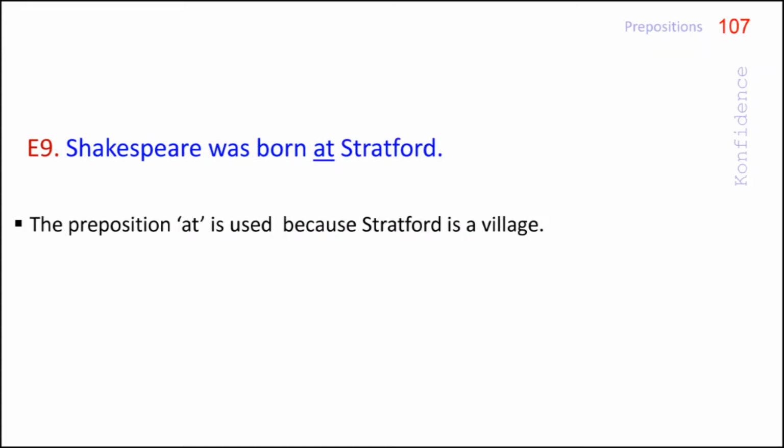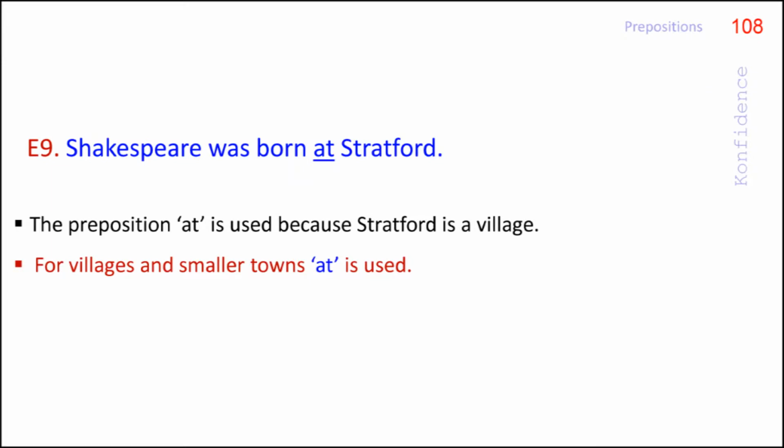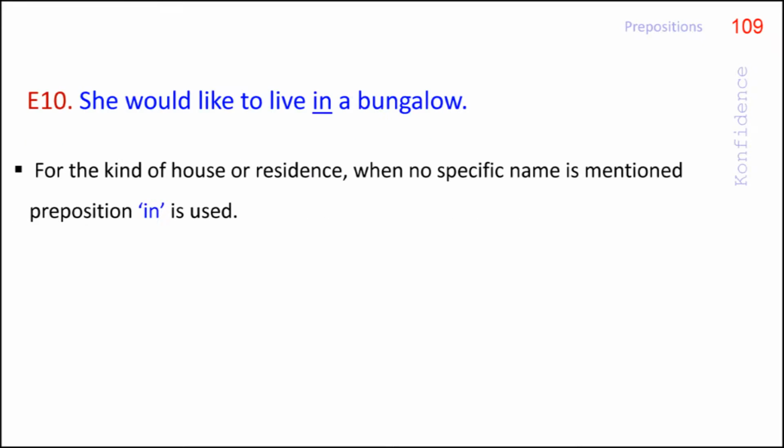In the next sentence, preposition at is used before the word Stratford because Stratford is a village. For villages and smaller towns, at is used. For the kind of house or residence, when no specific name is mentioned, preposition in is used.